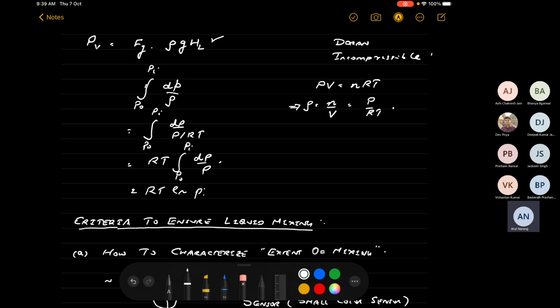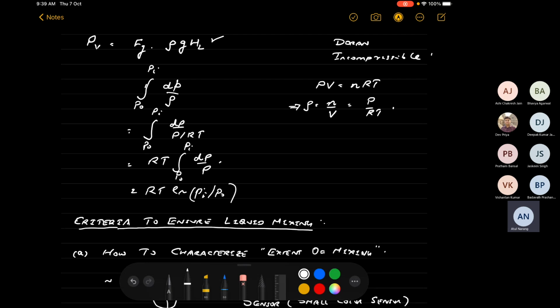So this gives you Pi over P naught. If the pressure didn't change too much across the height of the tank, then the pressure would remain constant, and in that case rho would be a constant. And in that case, I suspect this would go through.